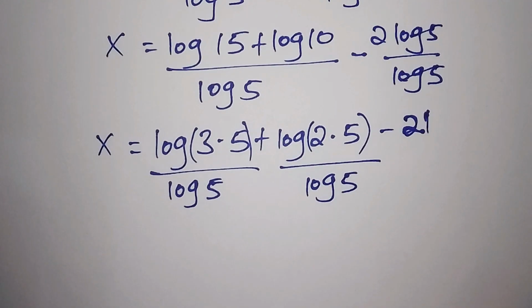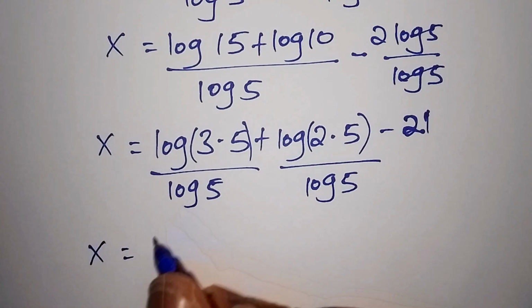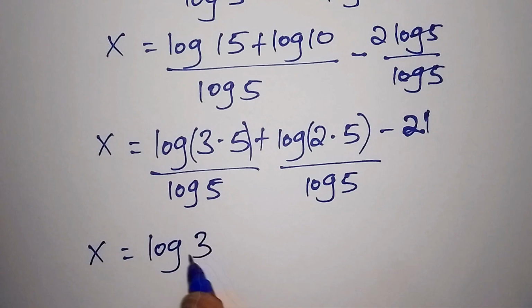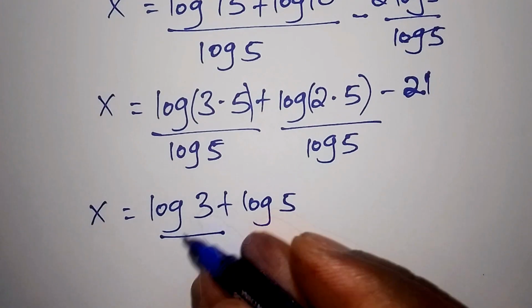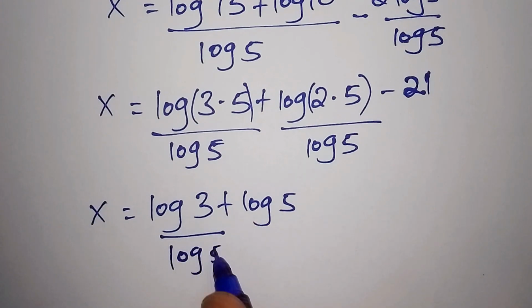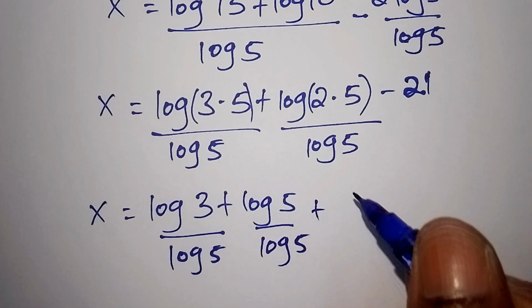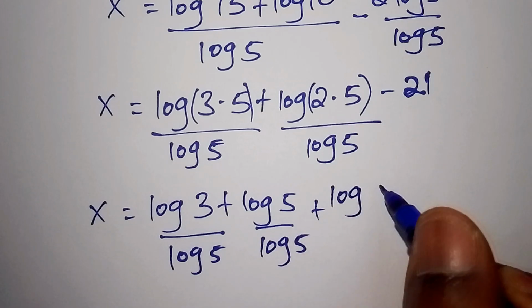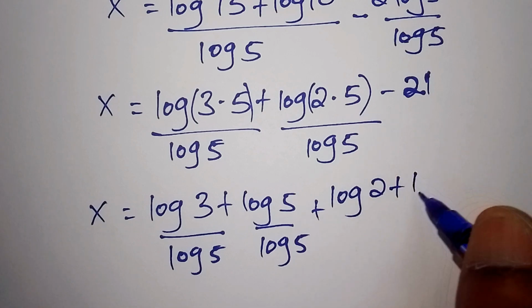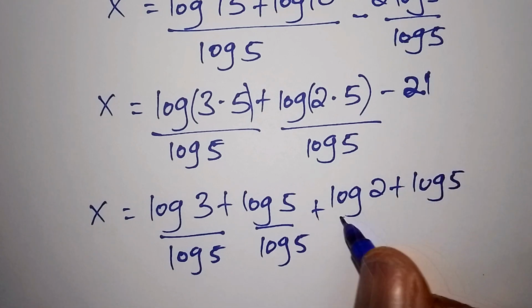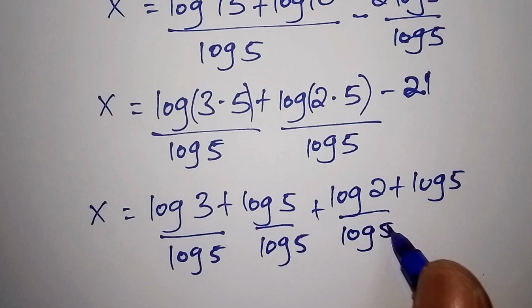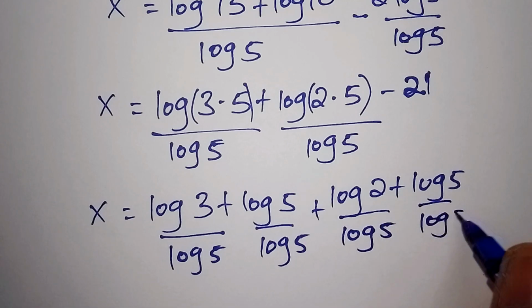Next, x is equal to the log of 3 plus the log of 5, all over the log of 5, plus the log of 2 plus the log of 5, all over the log of 5, minus 2.